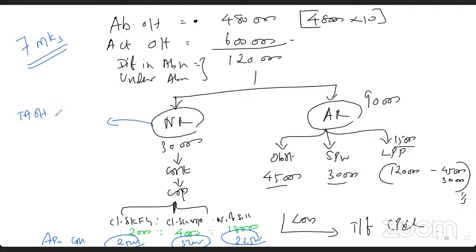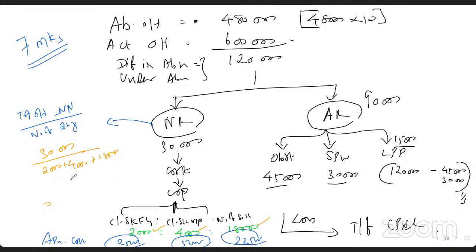Total overhead under normal reason divided by number of quantity. So total overhead 30,000. Number of quantity: closing stock of finished goods 2,000 plus WIP 4,000 plus number of units sold 18,000.